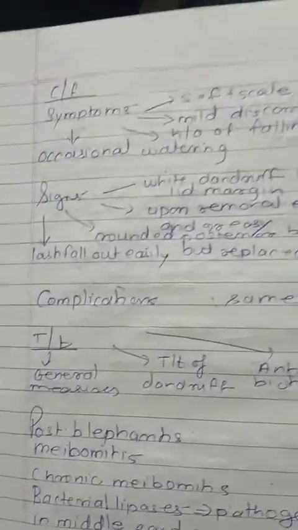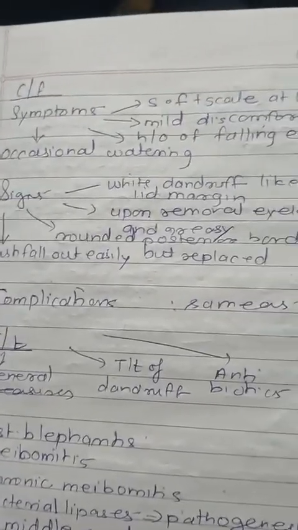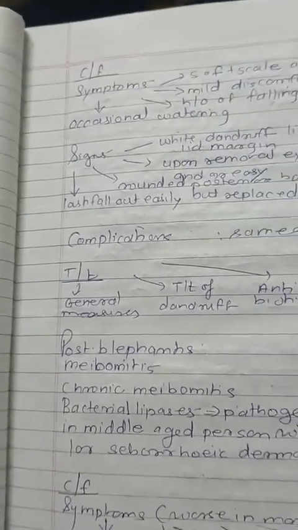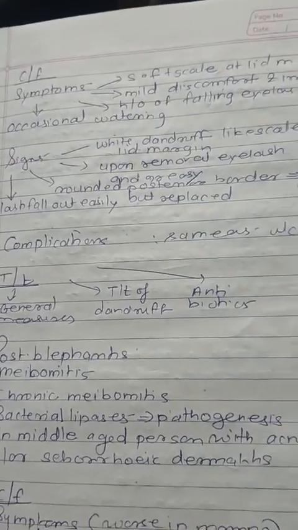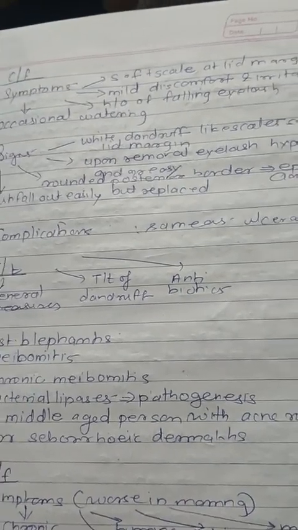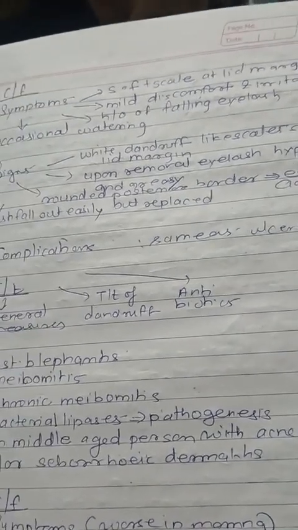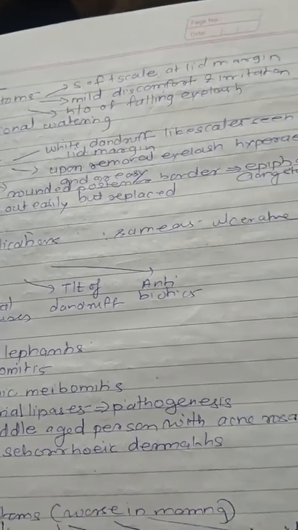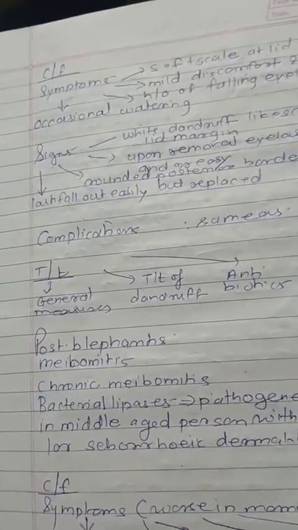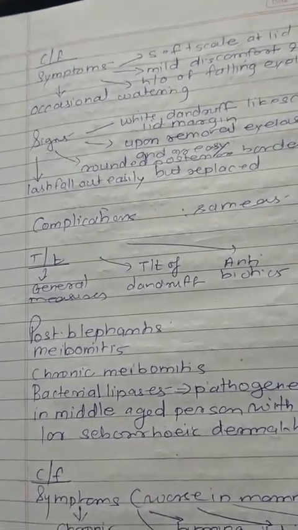Talking about clinical features, symptoms are soft scale at the lid margin, mild discomfort and irritation, history of falling eyelashes and occasional watering. Signs: white dandruff-like scale at the lid margin, upon removal the lid is hyperemic and greasy, rounded posterior border, epiphora, lashes fall easily but are replaced.